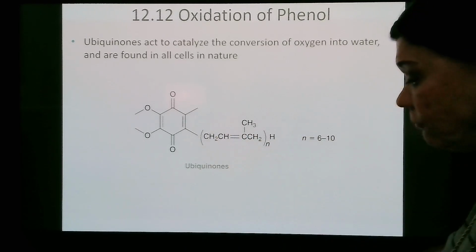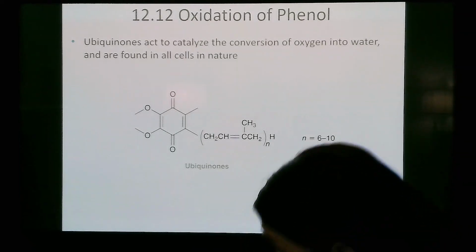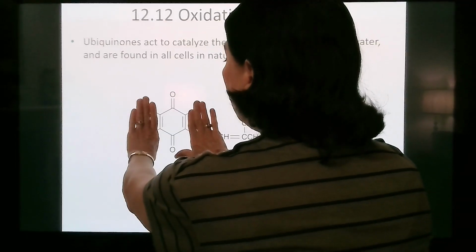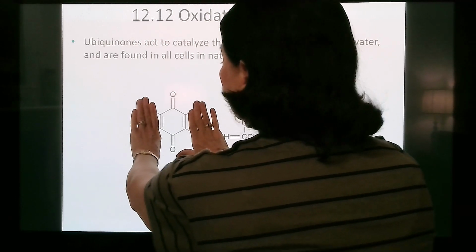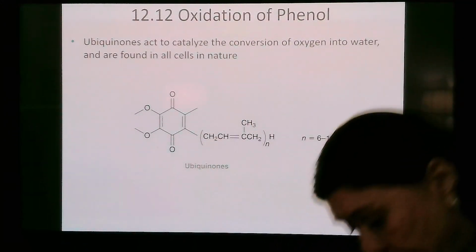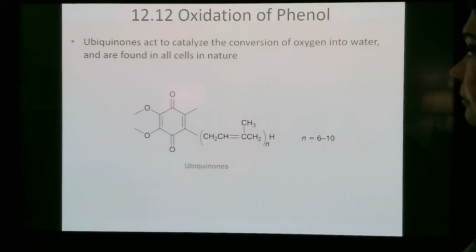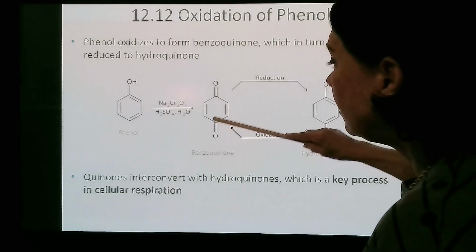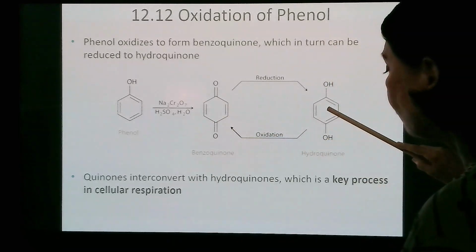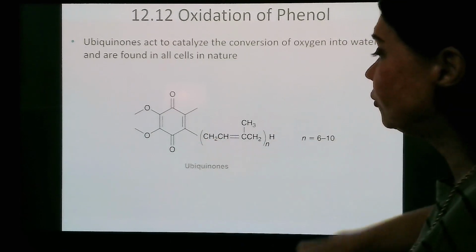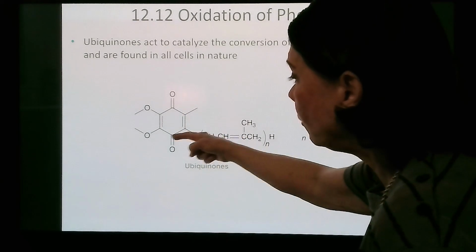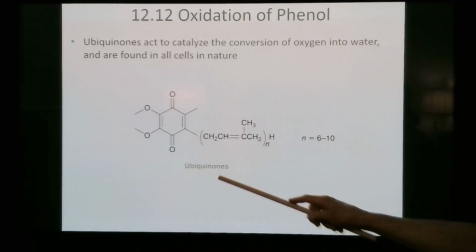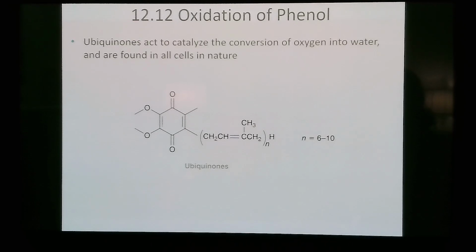So, for example, if you look at these ubiquinones, you can see the quinone there. So here's the benzoquinone that we had and the hydroquinone, and then here you see the benzoquinone again in the structure of the ubiquinones.